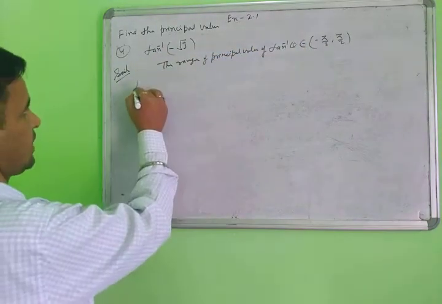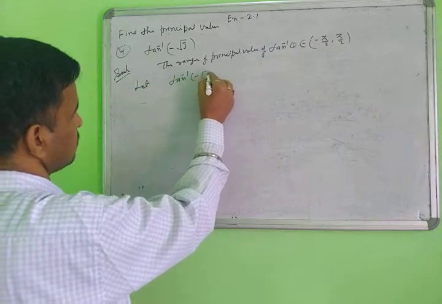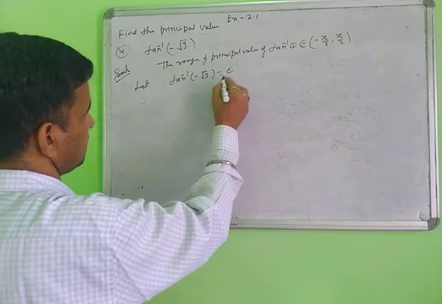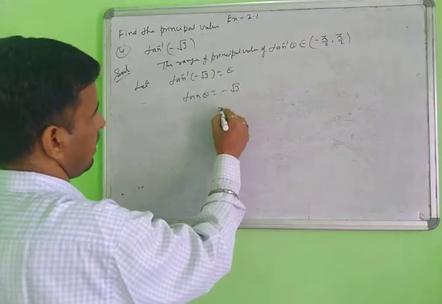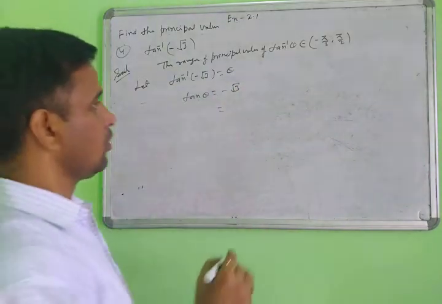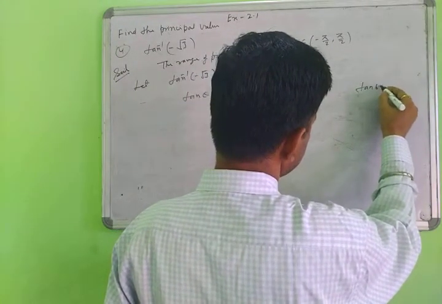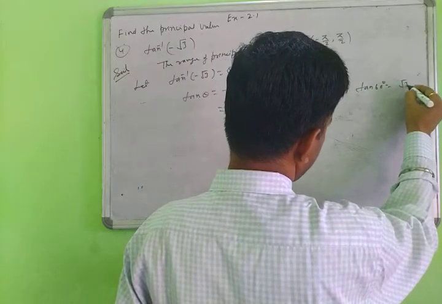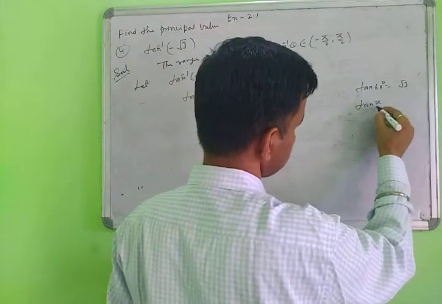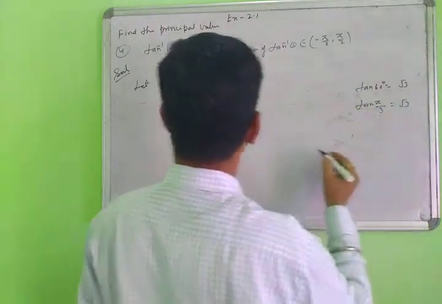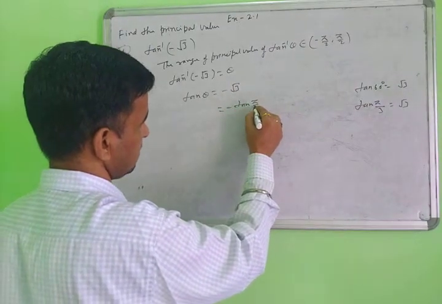Now start the solution. Let tan inverse minus root 3 equal to theta. Tan theta equal to minus root 3. And what value is this? Tan 60 degree equal to root 3. This is the degree form. Converting to radian, tan pi by 3 equal to root 3. That means the value is minus tan pi by 3.